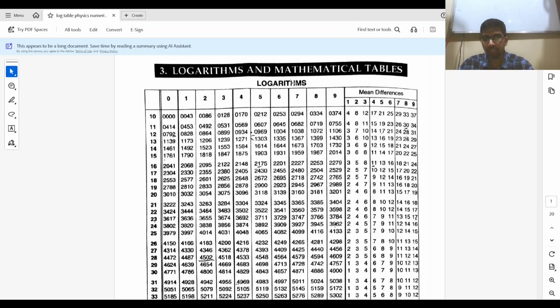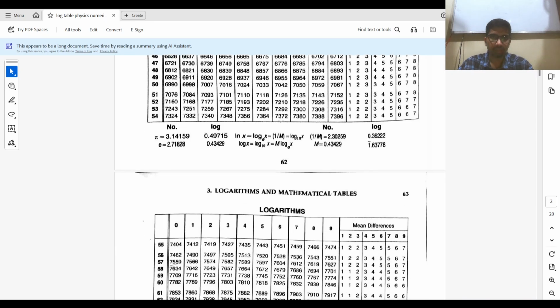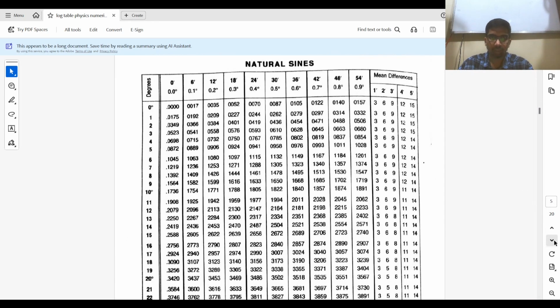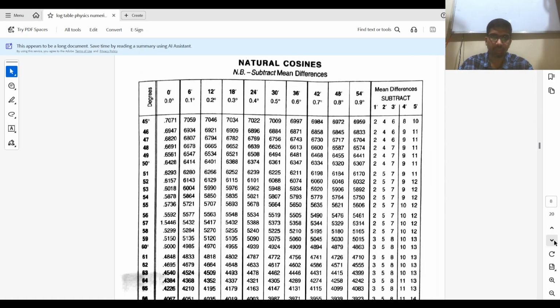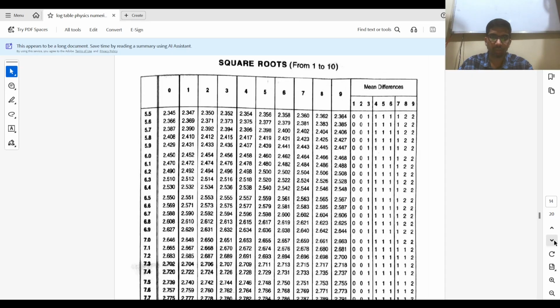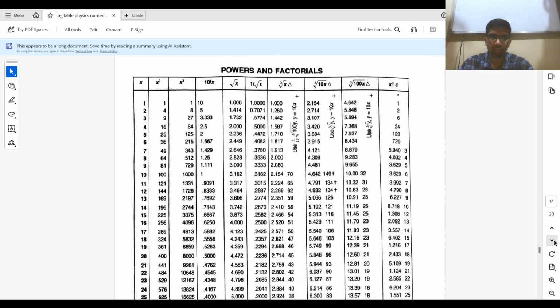So open a log book and we'll go to this part. This is log, antilog, natural sines, cosine, tangent, squares, square roots. Go to power and factorial.